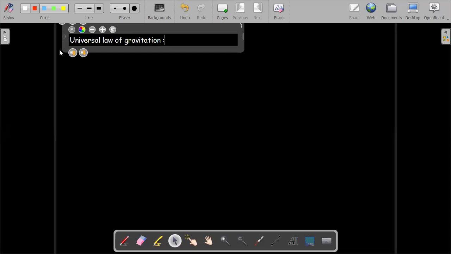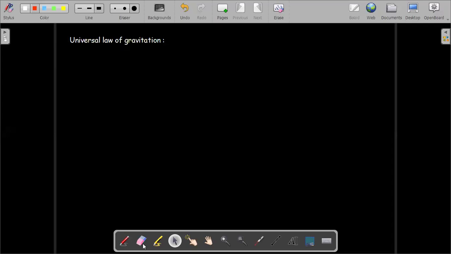Regarding the universal law of gravitation, we had done that the force between any two masses is directly proportional to the product of masses and inversely proportional to the square of the distance between them. So we had learned about the universal gravitational constant.